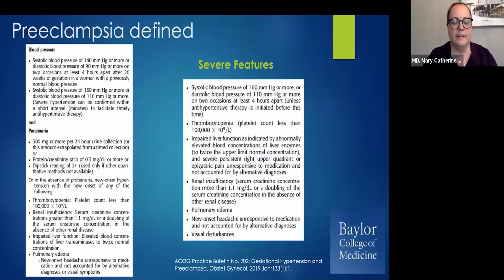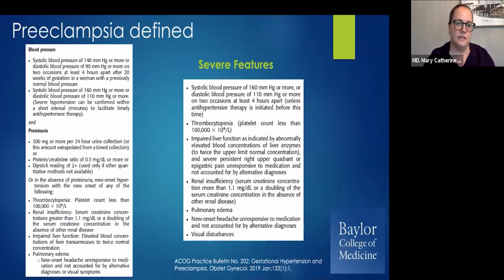So like I said, this is the preeclampsia definition that we follow from the American College of OBGYN. There may be some slight variations of this diagnostic criteria across different organizations and across the globe, but I think the principles are largely more similar than they are different.